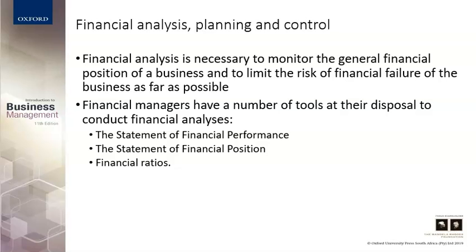Then we have the ratios, the financial ratios, which I'm more interested in because these give a clear picture of the financial performance of the organization. And I know in this session we have more time to dwell on the ratios.